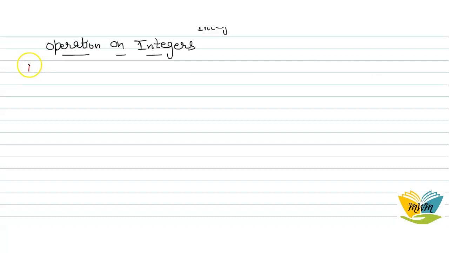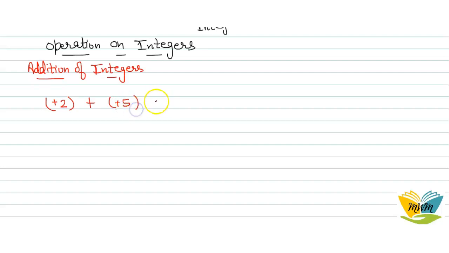First is addition of integers. In this part, we will learn how we can add two integers. Suppose we have two integers and both are positive. That means if we want to add +2 and +5, both are positive integers, plus and plus.